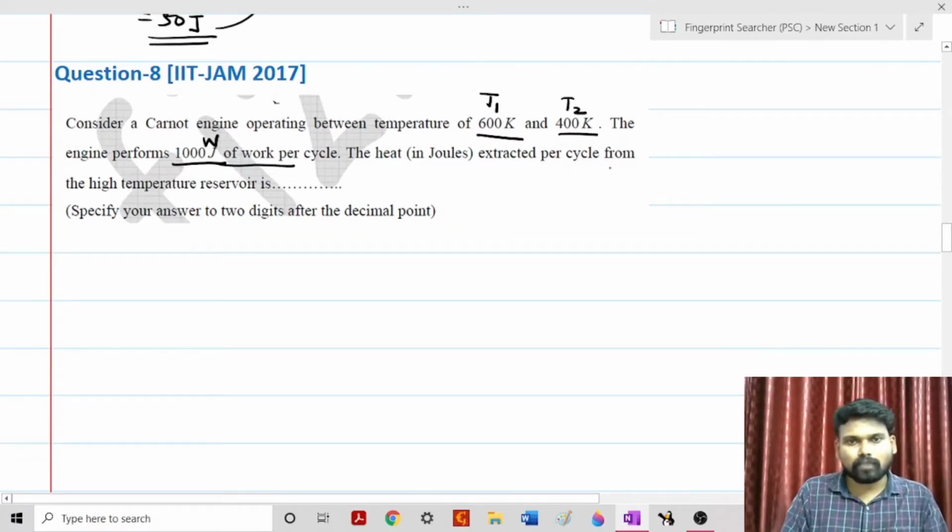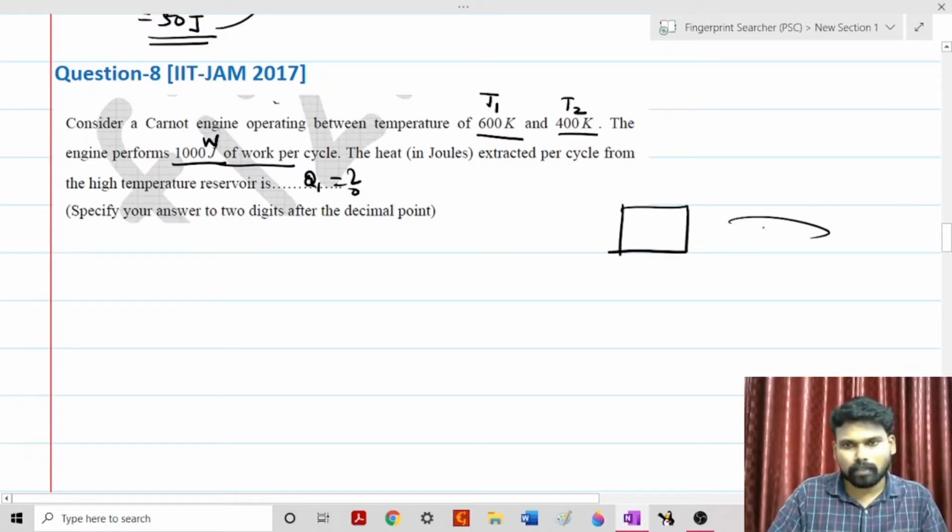The heat extracted per cycle from the high temperature reservoir is, so we have to find the value of Q1. Heat extracted from the high temperature reservoir is Q1. You know that in a heat engine, what is the principle?